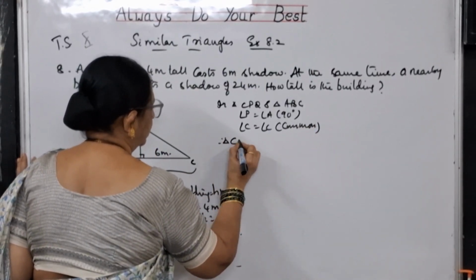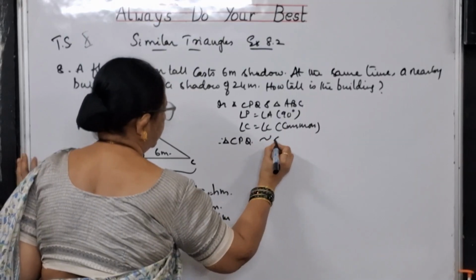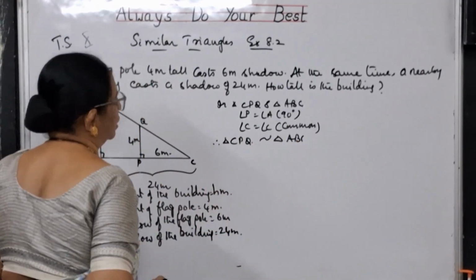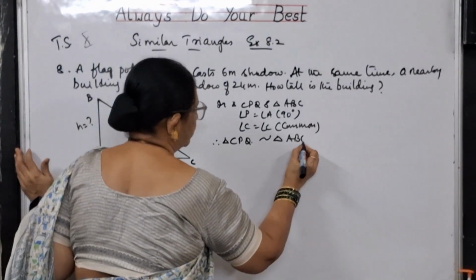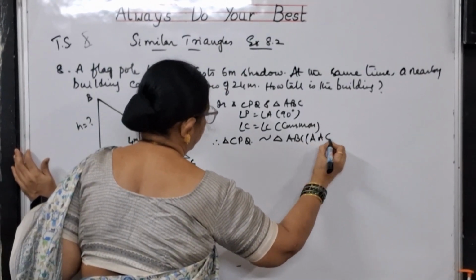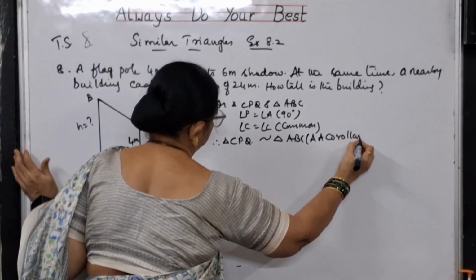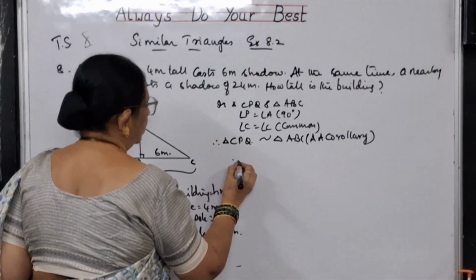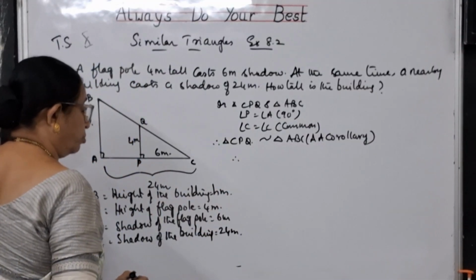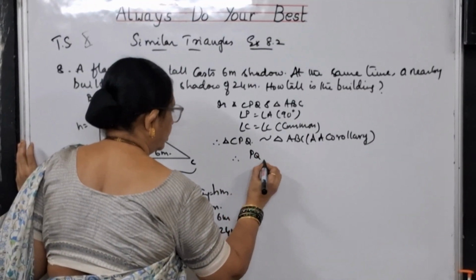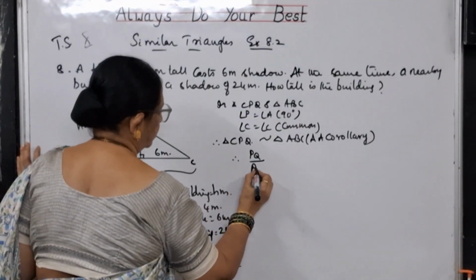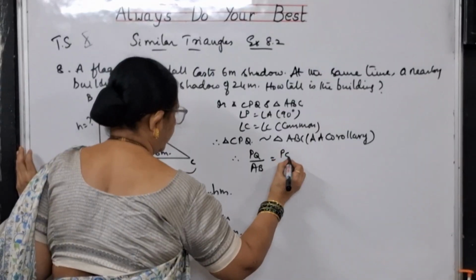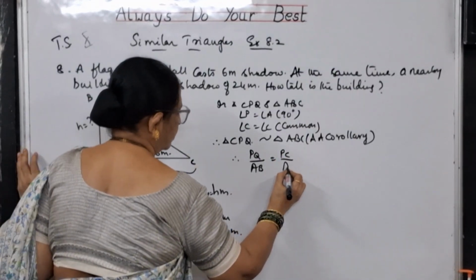Therefore, triangle CPQ is similar to triangle ABC basing on angle corollary. In this way, they are similar. So, when they are similar, their corresponding sides are proportional. Therefore, PQ by AB, heights, is equal to PC by AC.